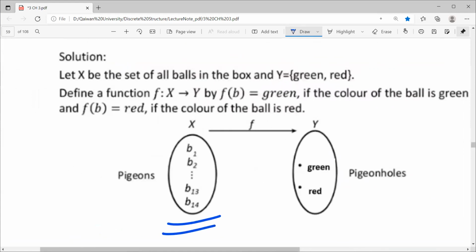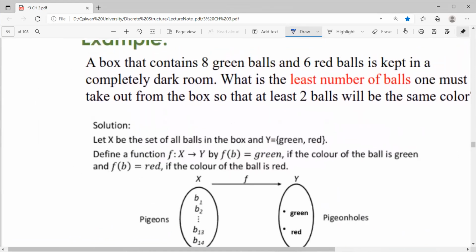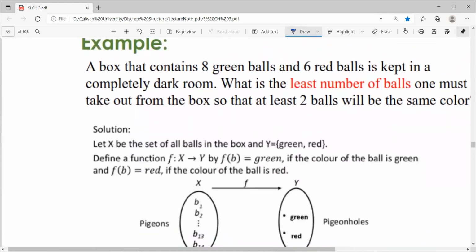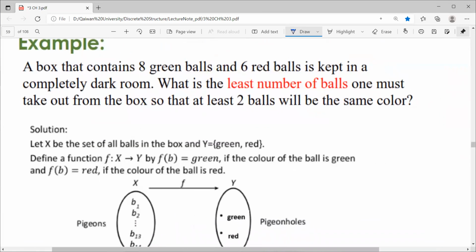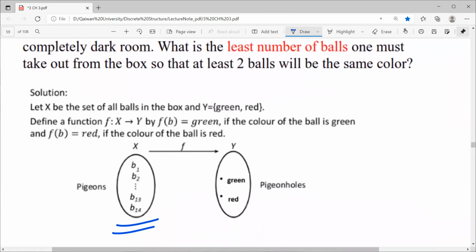And the balls are only two colors, green and red. That means our range is only green and red.